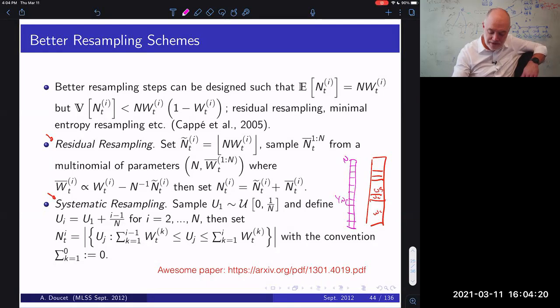And to sample from this empirical CDF, I sample a 1 over n size offset uniformly in here, and then just put the ladder down and pick whatever falls in these bins.